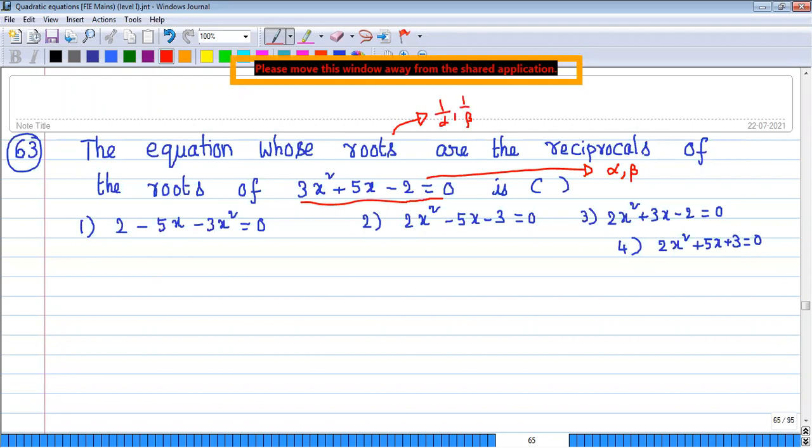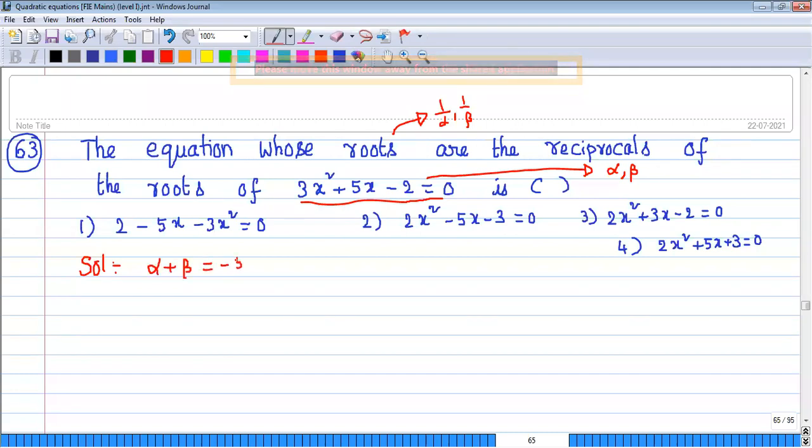First, alpha plus beta is negative 5 upon 3. Next, alpha beta is negative 2 upon 3.